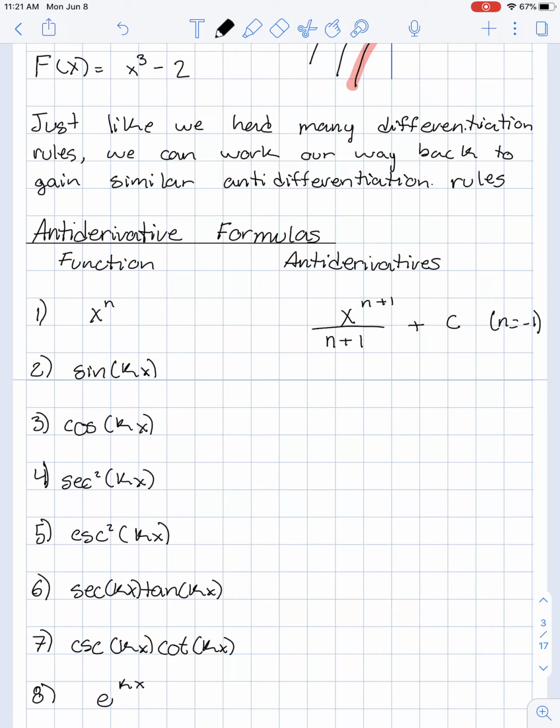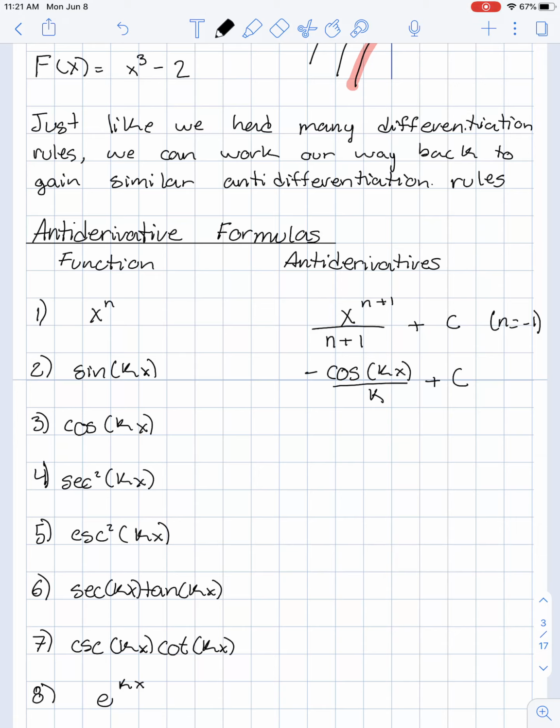So if I have sine of x, its antiderivative is going to be negative cosine. The antiderivative of sine kx is going to be negative cosine kx divided by that k, because of chain rule, plus c. All right. If I take the derivative of negative cosine kx divided by k, I'm going to get back to sine of kx, because those k's are going to cancel out from chain rule.